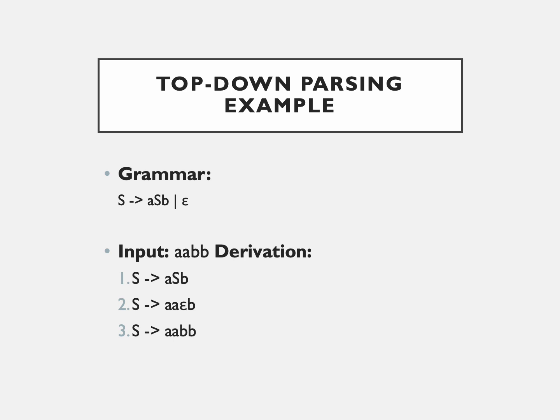Then on the final step, we'll replace S with E using the second rule, and this simplifies the string to AABB, which matches the input. So this step-by-step derivation constructs the parse tree from the root S down to the terminals A, B, and the empty string, adhering to the grammar rules.